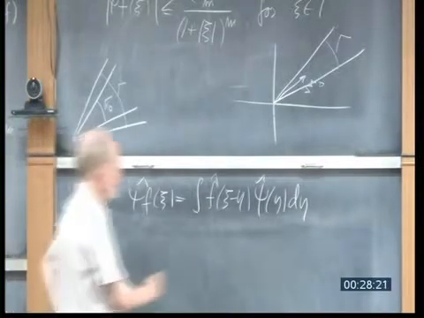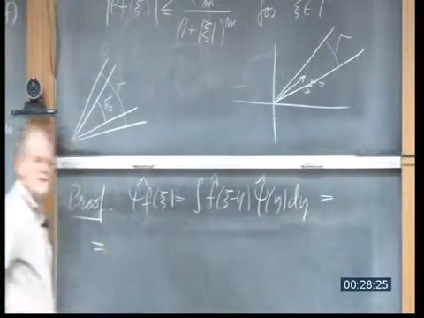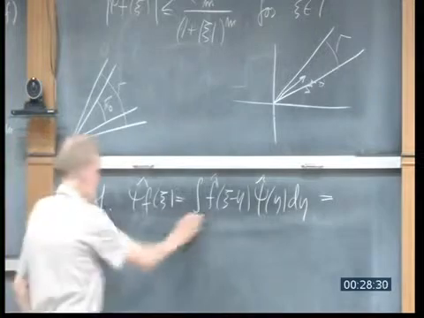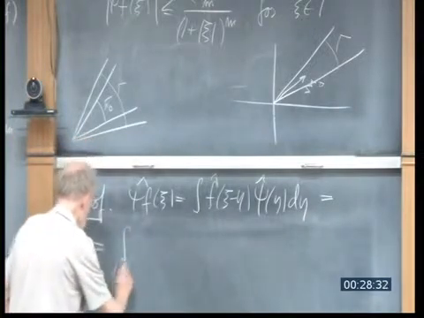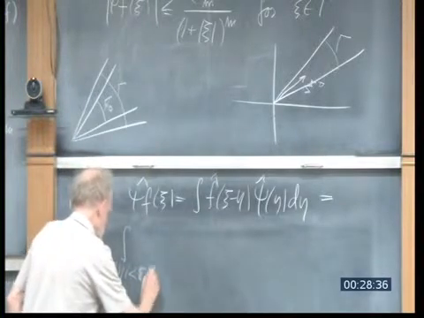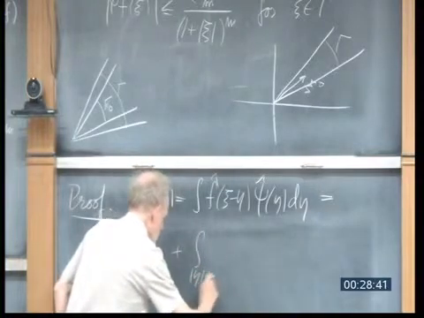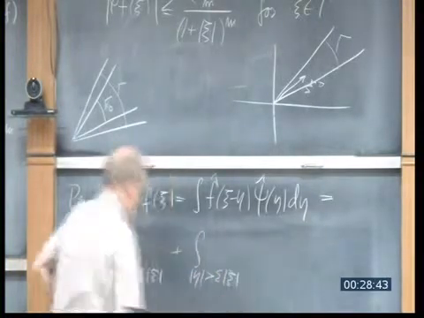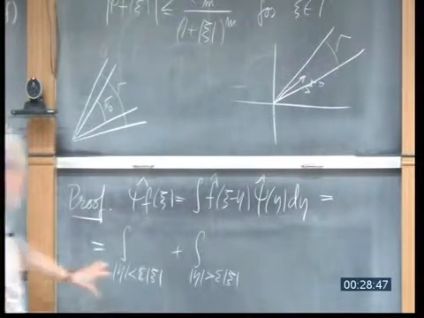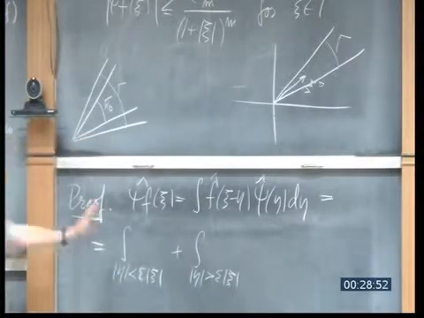And then, in a way which we will have to do three dozen times if I were to go through the whole theory, we split this integral into eta that are small relative to xi and the other eta.